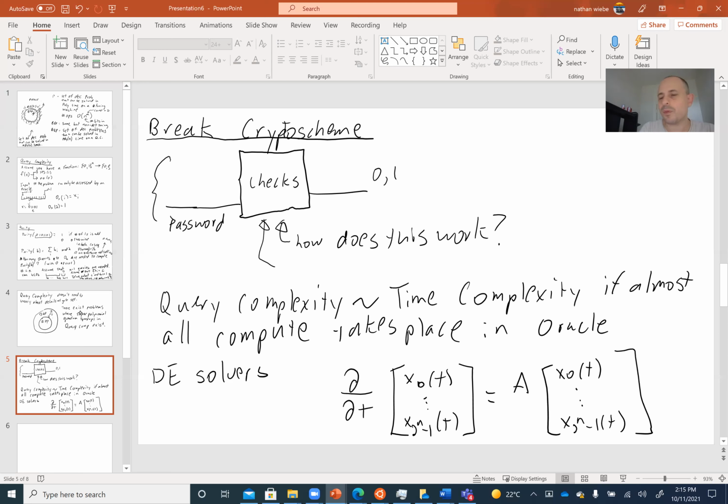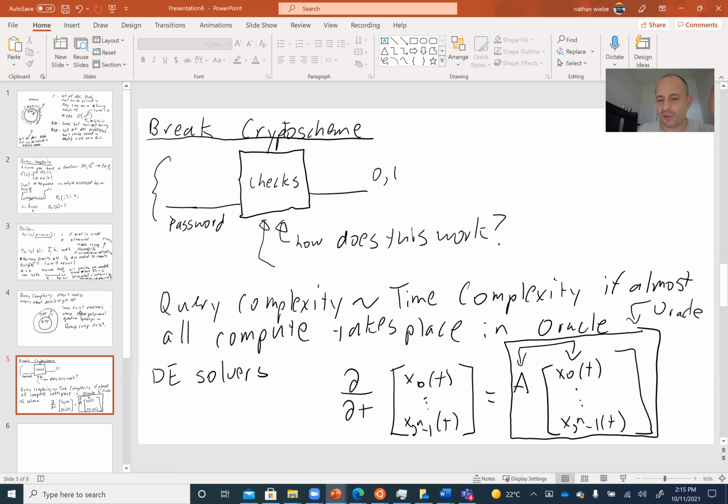So essentially, figuring out the derivatives boils down to multiplying a matrix by this vector. And if we build an oracle that will take A and multiply it by an input vector, then this often ends up being the main gating mechanism, or the main thing that indicates the time complexity.